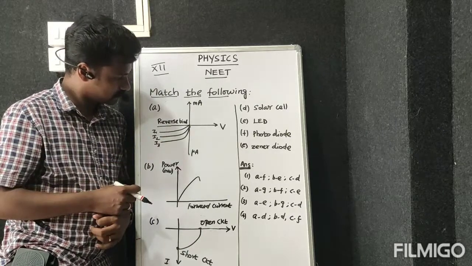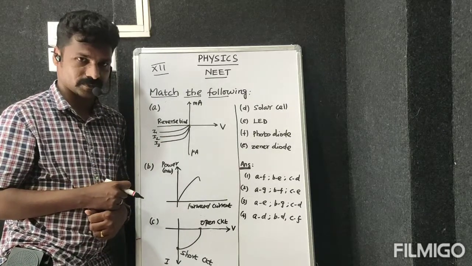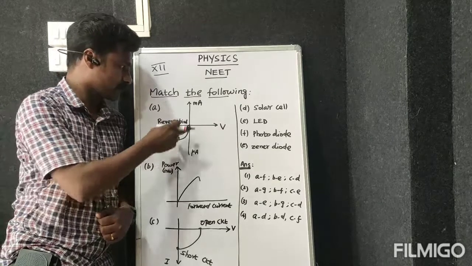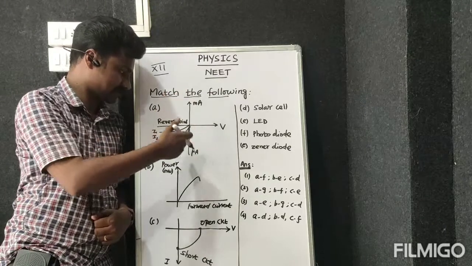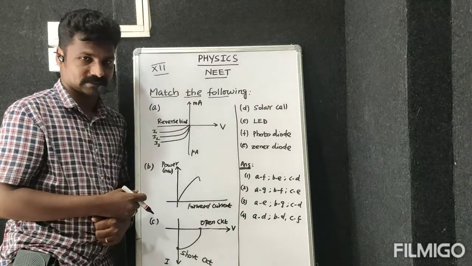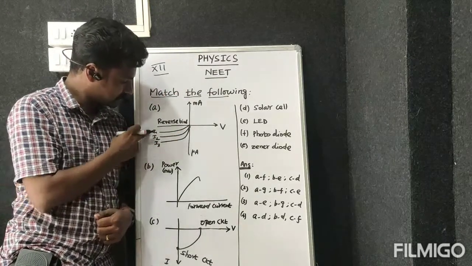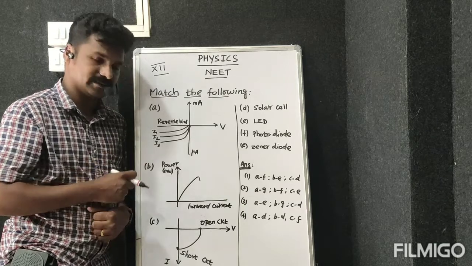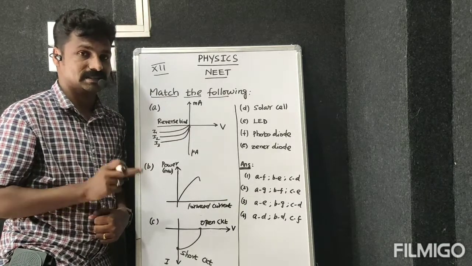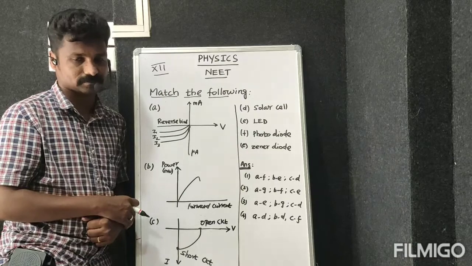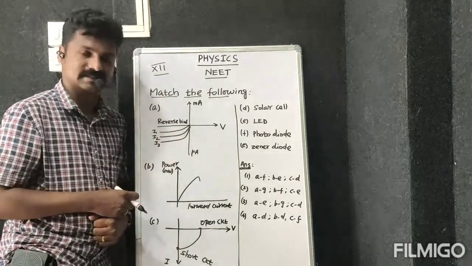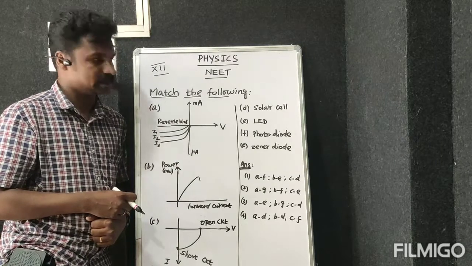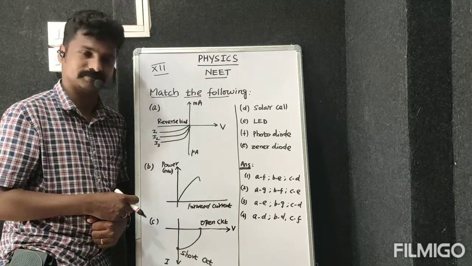See that if you observe this graph, the x-axis is voltage, the y-axis represents the current, as well as here something is given I1, I2 and I3, that is known as intensity of the light. So which device is related with the intensity of light?